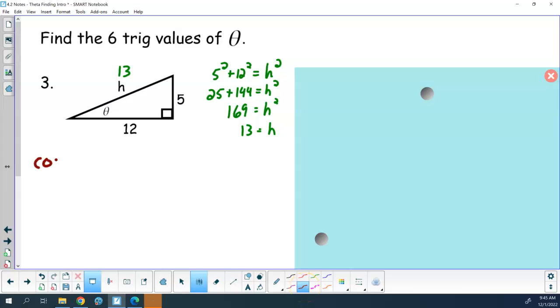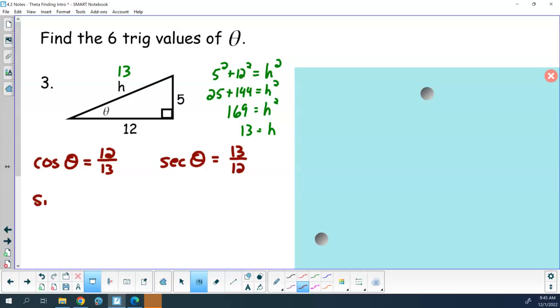So let's start with the cosine of theta. Cosine of theta would be 12 over 13, right? Adjacent over hypotenuse, which means the secant of theta would be 13 over 12, just its reciprocal.